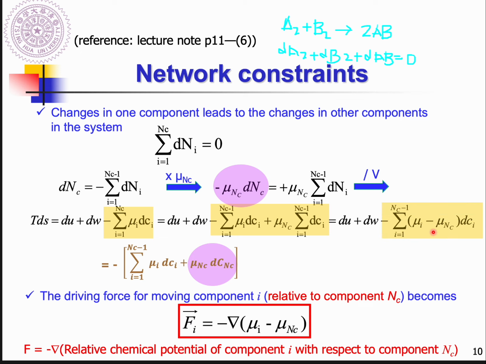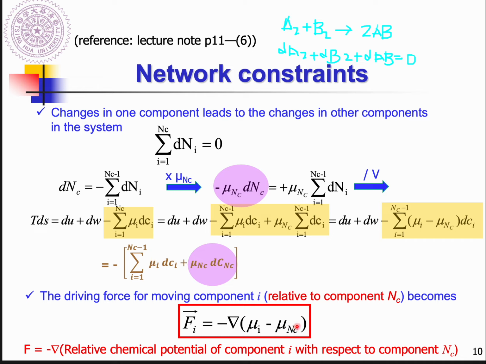So based on this, compared to this term, we know the driving force for moving the component i becomes the chemical potential of component i minus the mu Nc, relative to component Nc. The Nc here, please mark it.